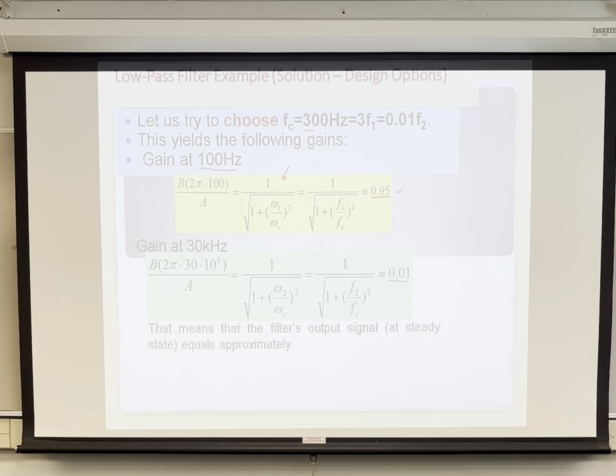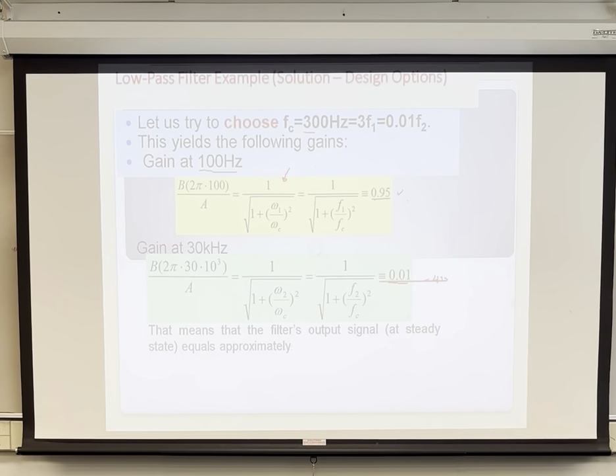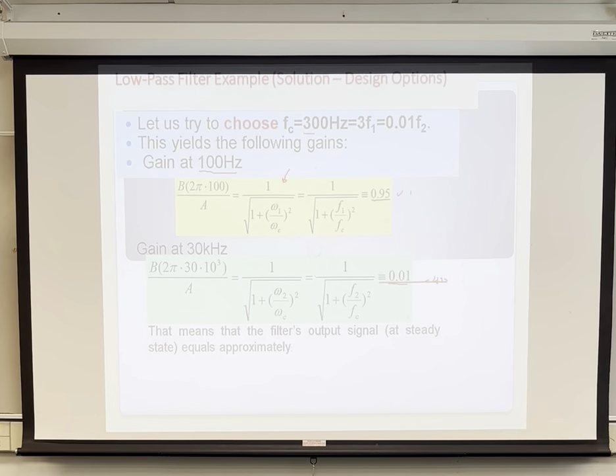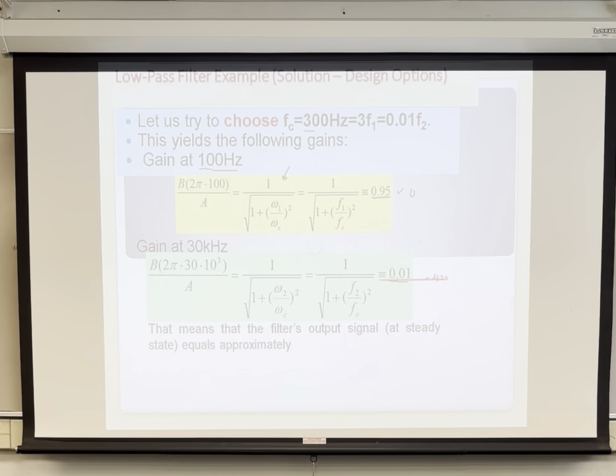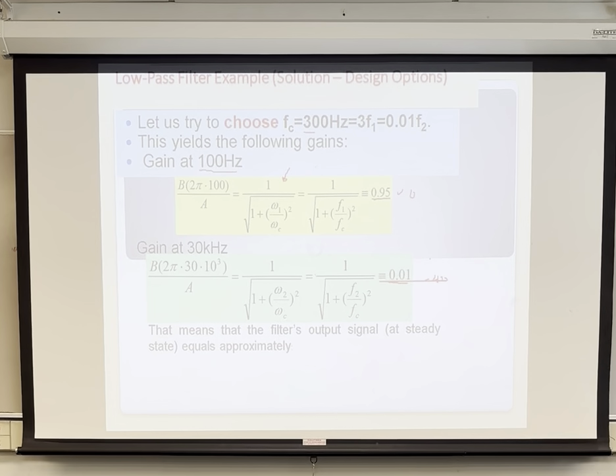Yeah, it's negative 40. So this is minus 40 dB here, and this is approximately 0 dB up here. So that's a reasonable attenuation to expect from the system: 40 dB attenuation of the interfering signal.